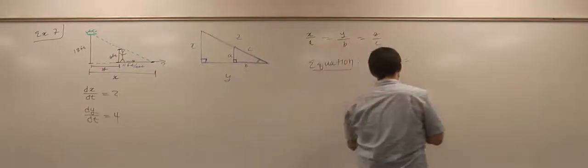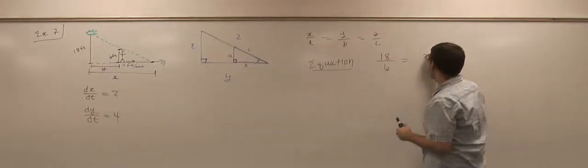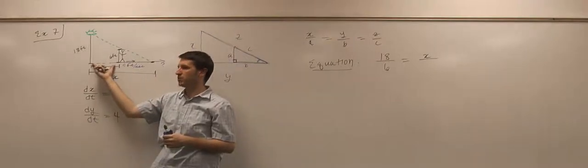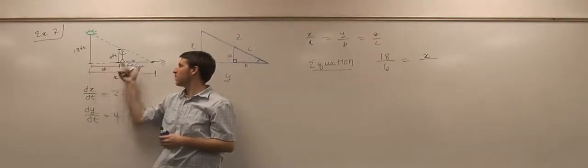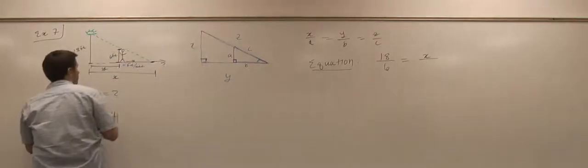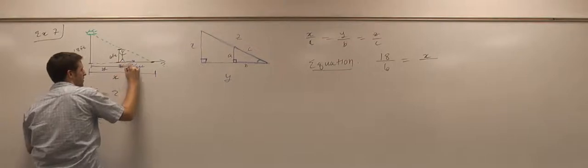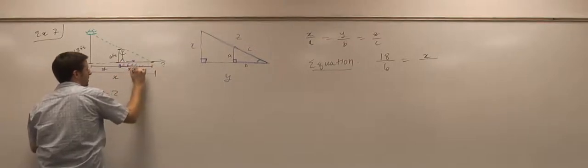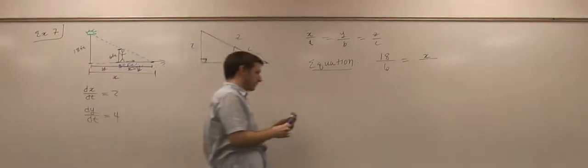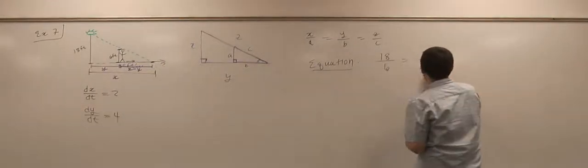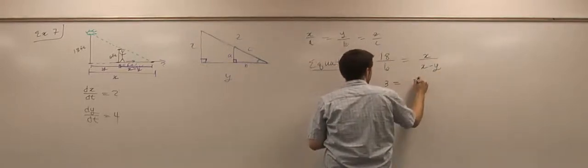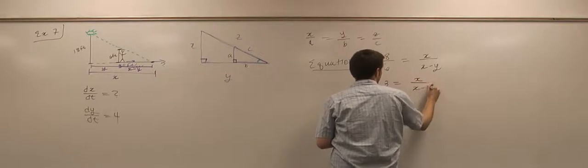Now y, the way I labeled it, is actually this, which isn't part of a right triangle. But if you do x minus y, then you get this portion right here. So my equation is 3 equals x over x minus y.